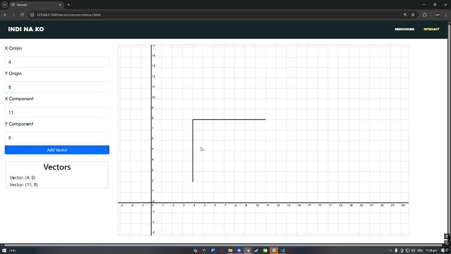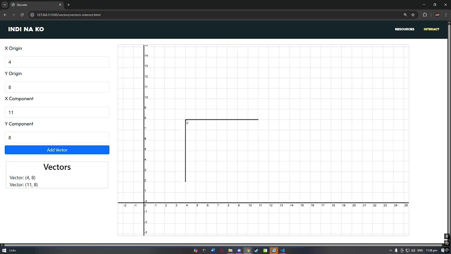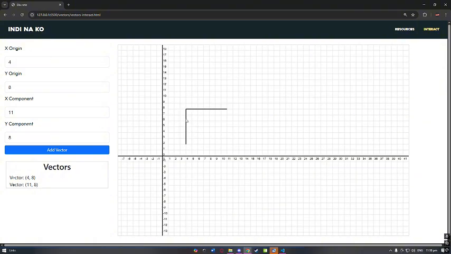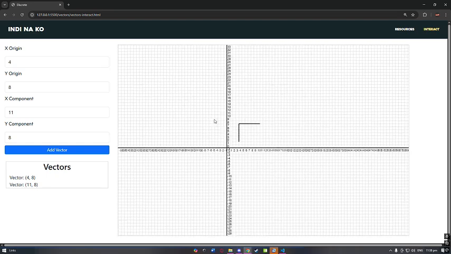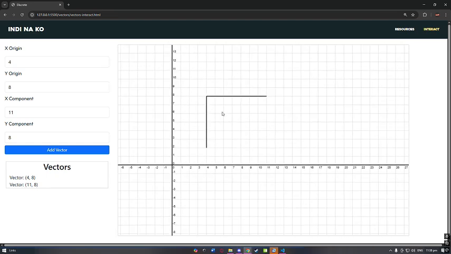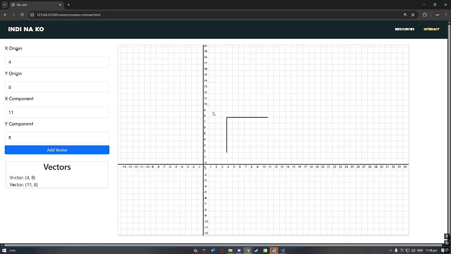If you do that, you can see you just created a vertical line and a horizontal line, which are connected to each other. You can also pan around and zoom in and zoom out of the Cartesian plane. That's it for the vector part of the project.